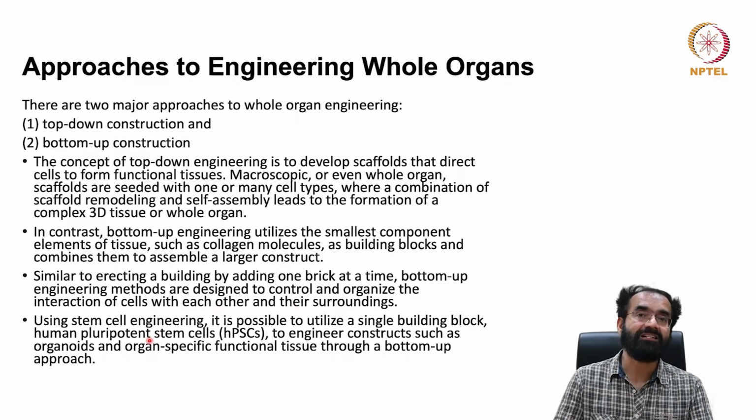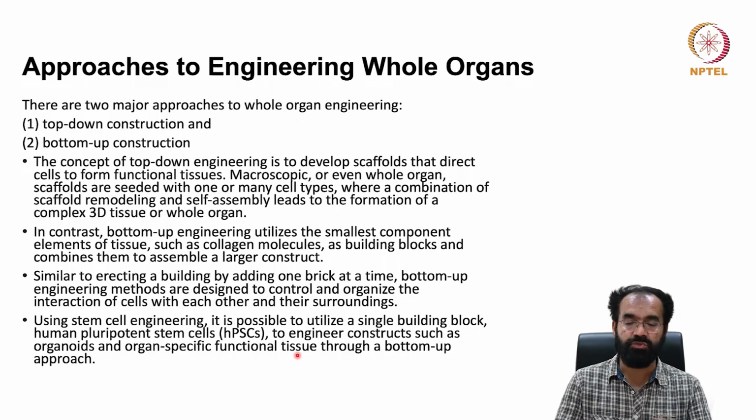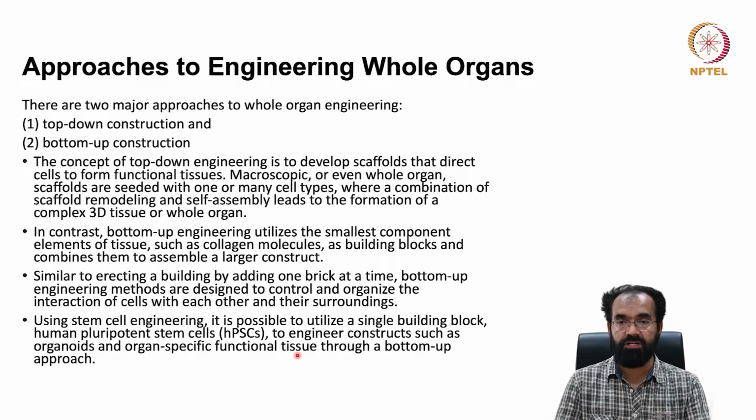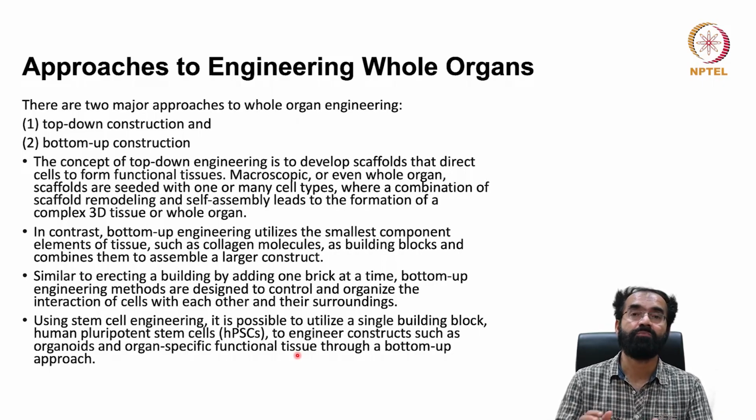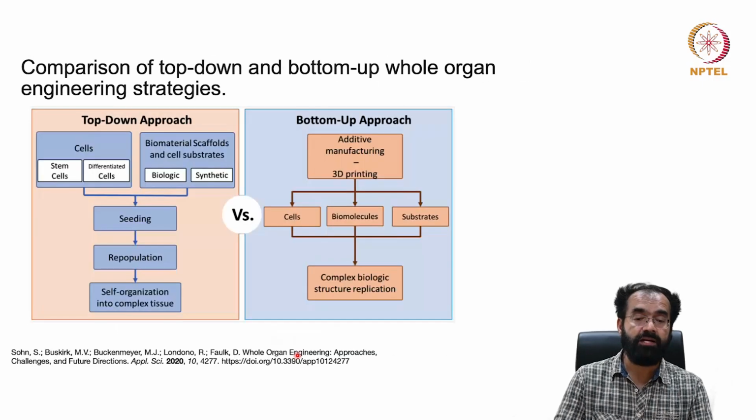And using stem cell engineering, it is very much possible to utilize a single building block, human pluripotent stem cells, HPSCs, to engineer constructs such as organoids and organ-specific functional tissue through the bottom-up approach. So top-down and bottom-up approaches can both come hand in hand when you are thinking about engineering a whole organ.